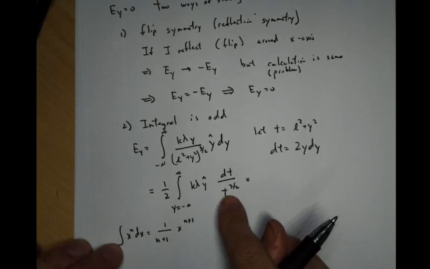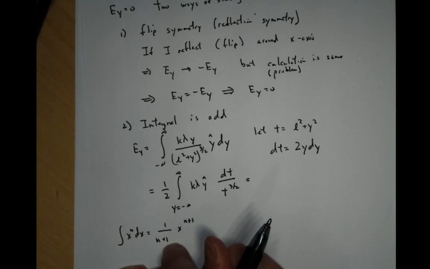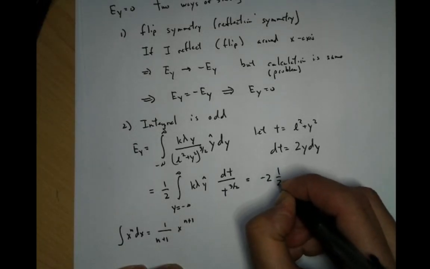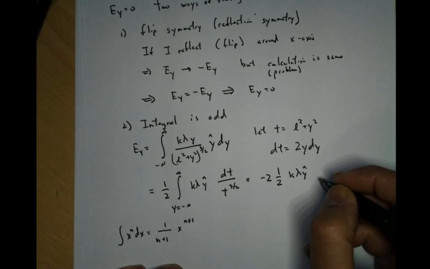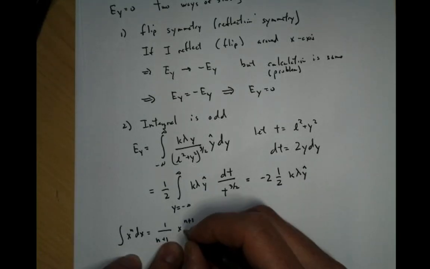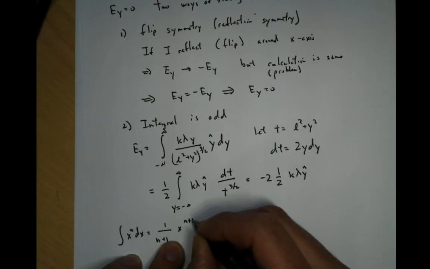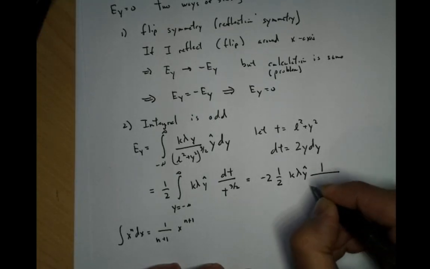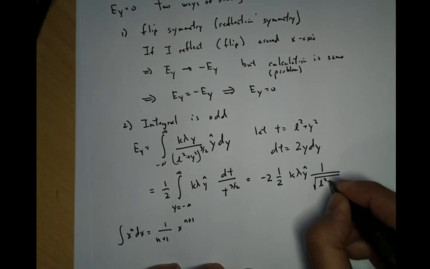So let's go ahead and look at this thing. In this case, n is minus 3/2. So 1 over minus 3/2 plus 1 is 1 over minus 1/2, so that's a minus 2. So minus 2 times a 1/2. And then there's a k, a lambda, a y hat, and the rest of it is just going to be x to the n plus 1, so t to the n plus 1. n is minus 3/2, so minus 3/2 plus 1 is minus 1/2. So that's basically 1 over t to the 1/2, and t was this thing, so t to the 1/2 is the square root of L squared plus y squared.